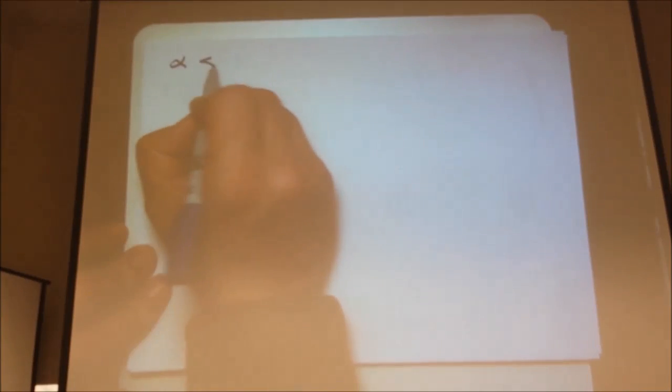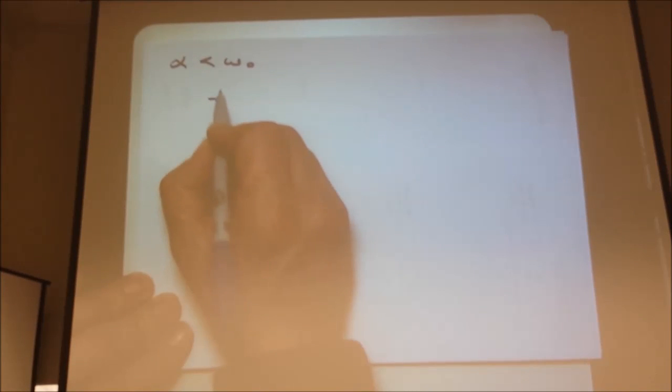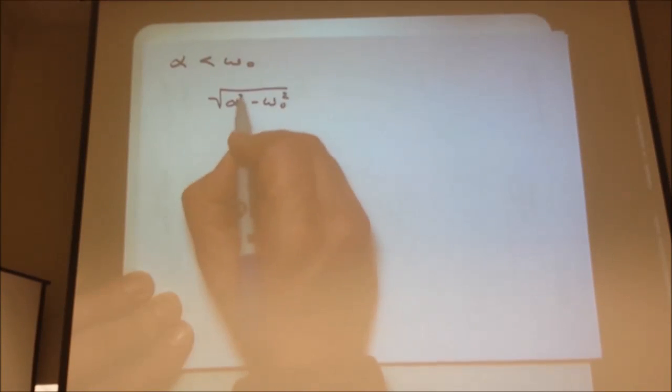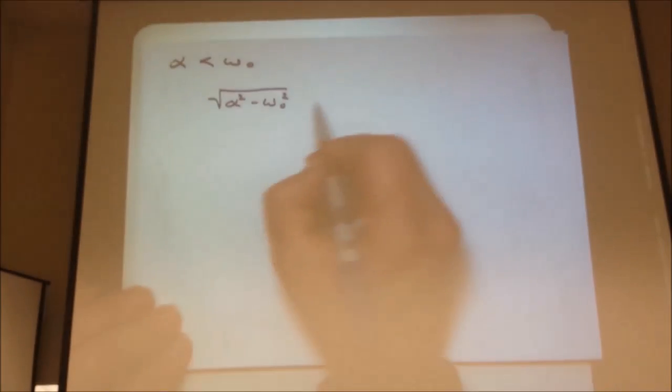situation. What about alpha less than omega naught? Well, in this particular case, what's true about alpha squared minus omega naught squared? It's imaginary.